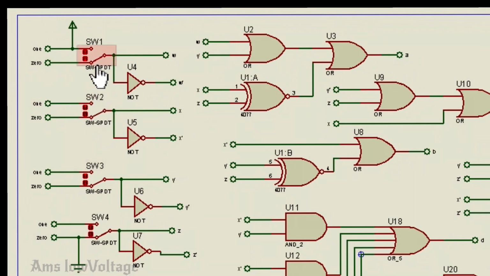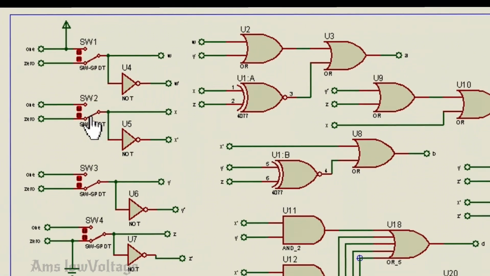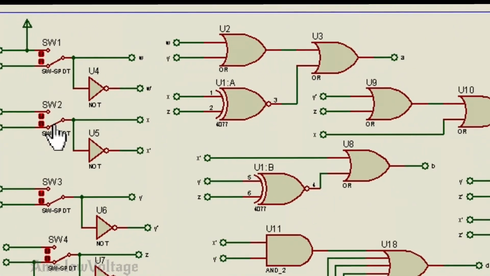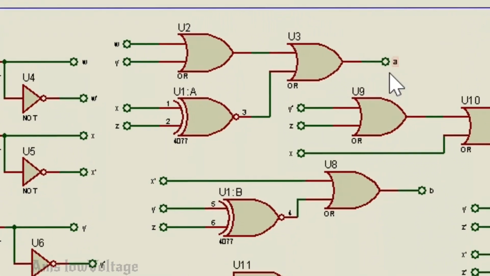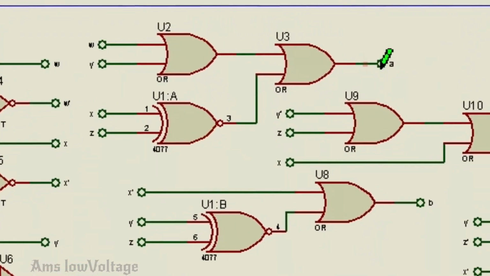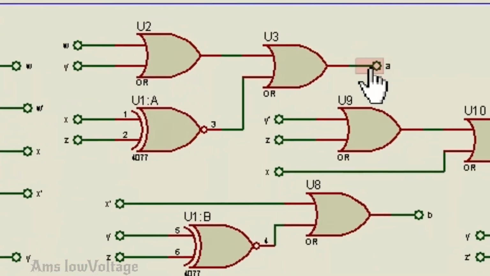So when I move the switch up, that will be connected to 1, and when I switch it down, it will be connected to 0, like this: 1 0 1 0. That's how all these switches are going to work. So our 7 segment display LED outputs are here.